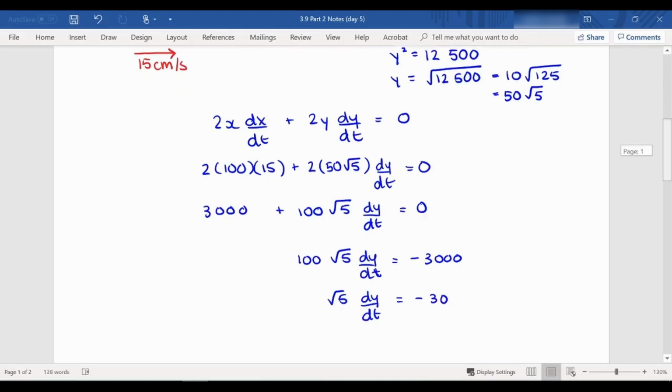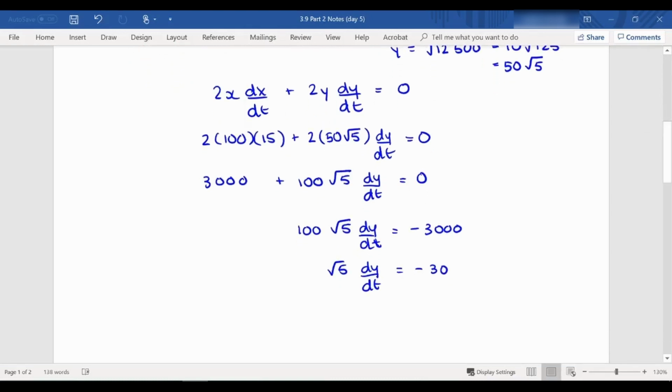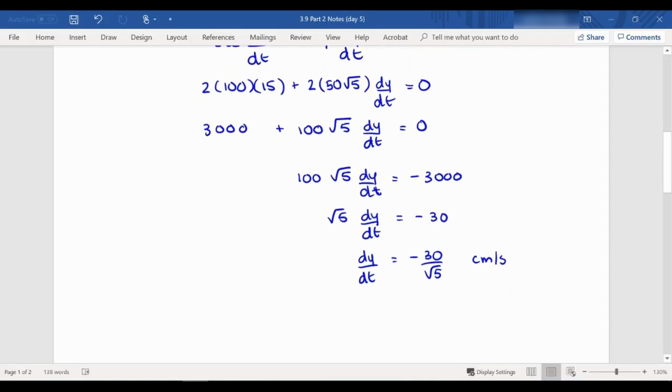Okay. And then I can divide by root 5. Now, because we changed everything into centimeters, this is going to be centimeters per second. You can leave it like this if you'd like, or you can rationalize and have this be negative 30 root 5 over 5, which would be negative 6 root 5 centimeters per second.